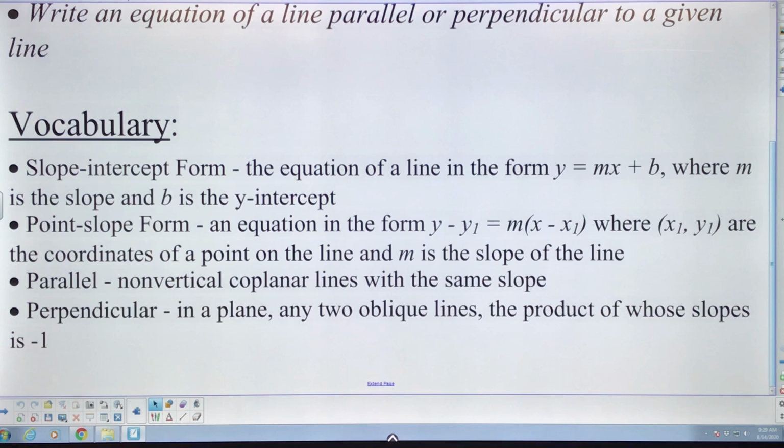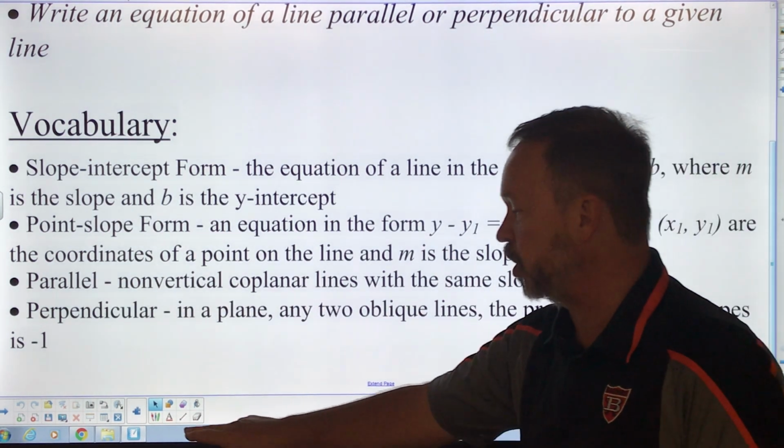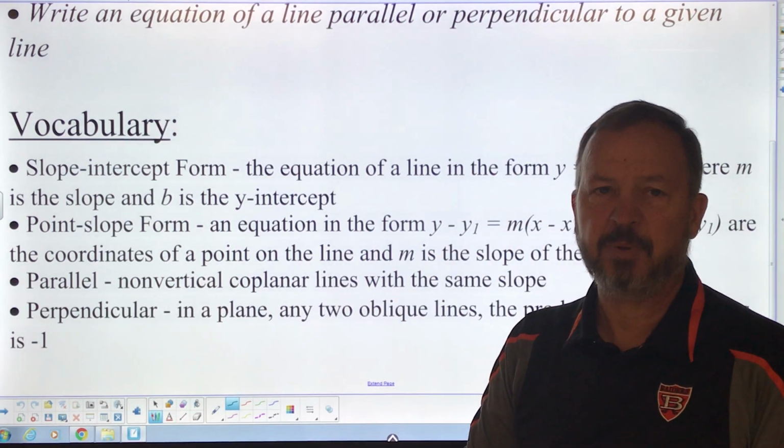They're parallel. Perpendicular lines, it says two oblique lines, that's a nice, cute little word, are lines whose slopes have a product of -1, because perpendicular lines have slopes that are opposite reciprocals of each other.